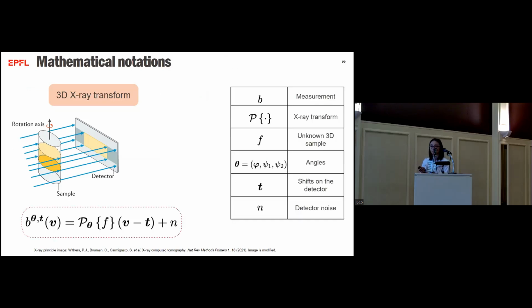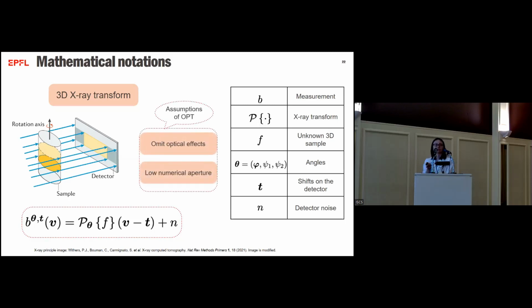So the formula says the intensity at the location b on the camera plane is equal to the X-ray transform projection operator applied on the unknown volume F with parameters of rotation angles theta and essentially a shift t, plus some detector noise. And this model is valid under two assumptions. We omit the optical effects in the system, and our system has a low numerical aperture.